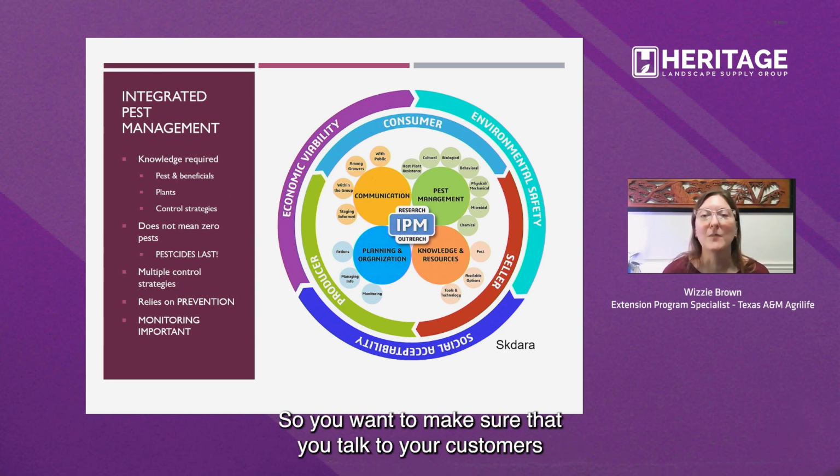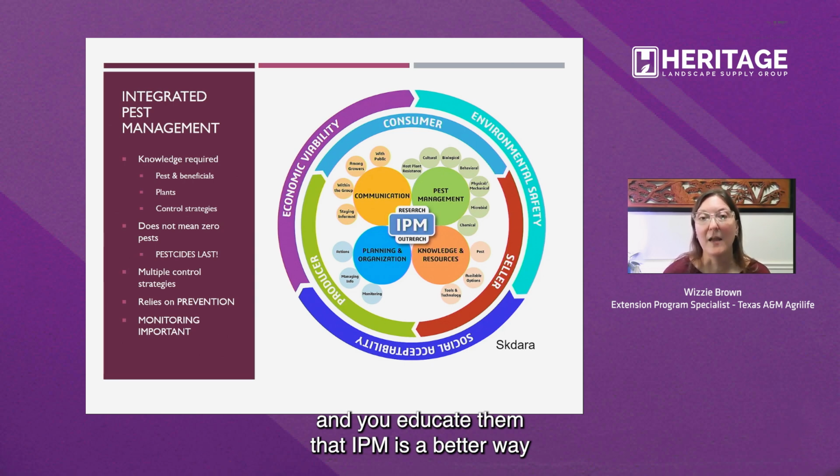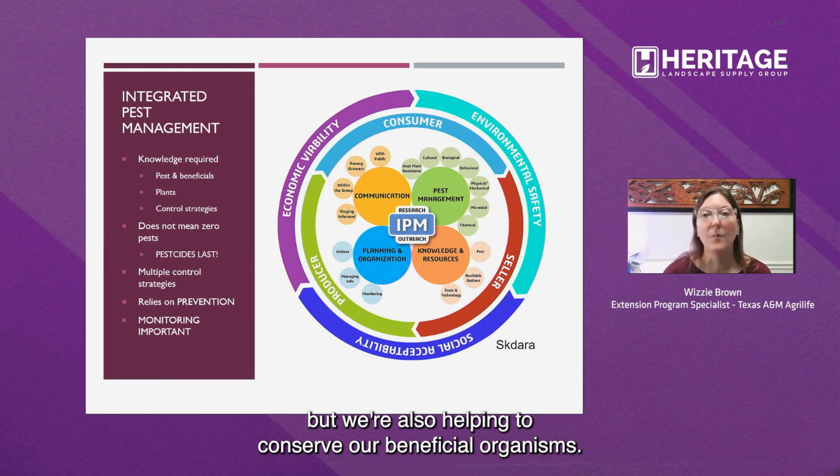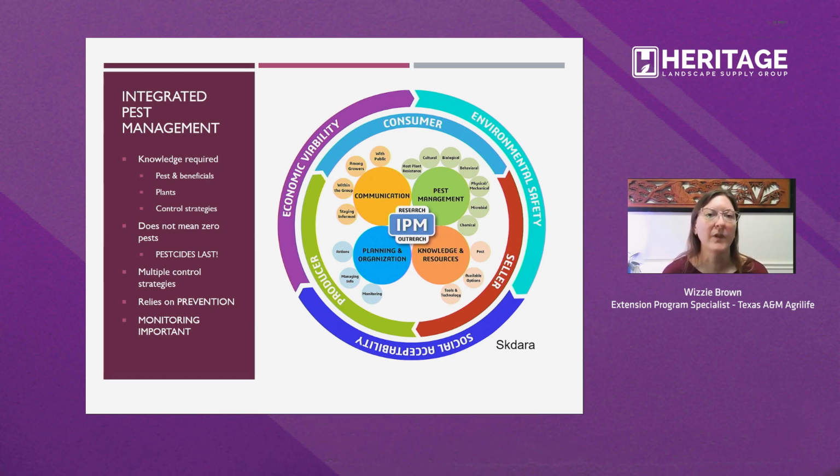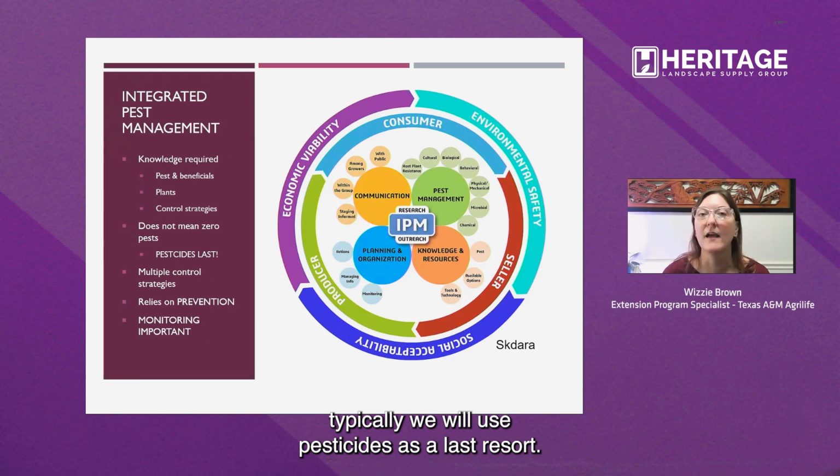So you want to make sure that you talk to your customers and educate them that IPM is a better way to approach things, because we're going to help to control the pests, but we're also helping to conserve our beneficial organisms.